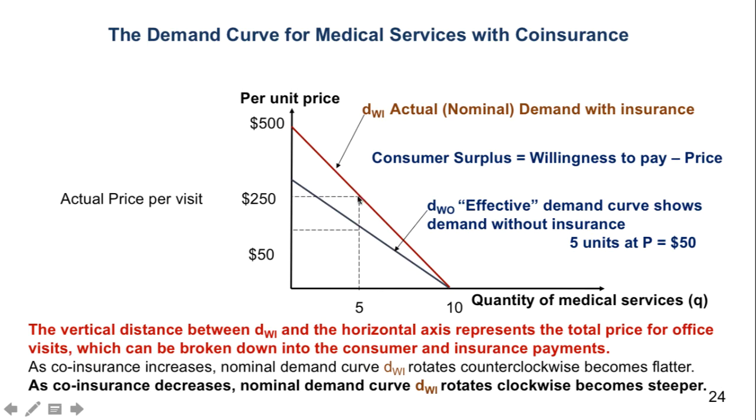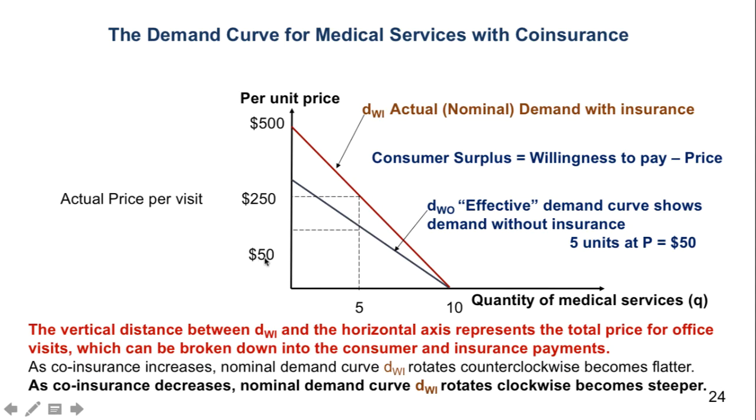Now, suppose there is medical insurance with a 20% co-insurance. In that case, 20% of $250 will be how much? $50.